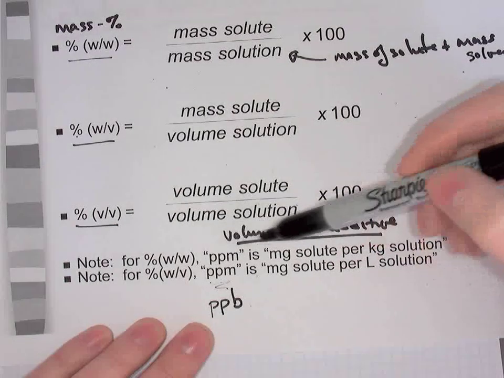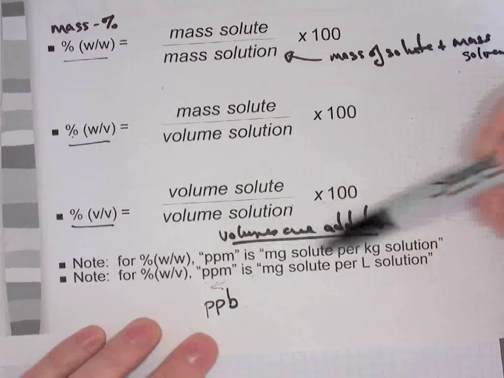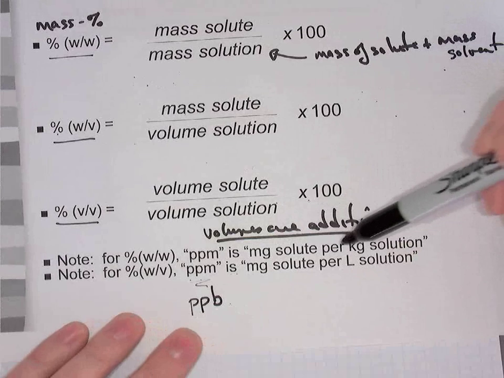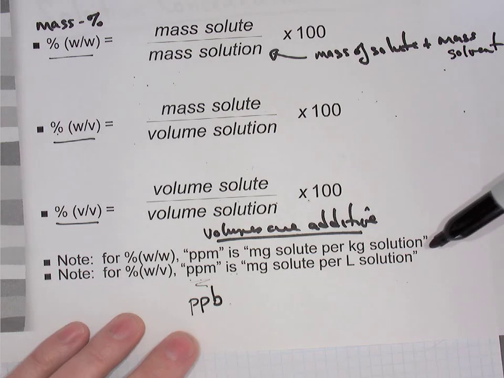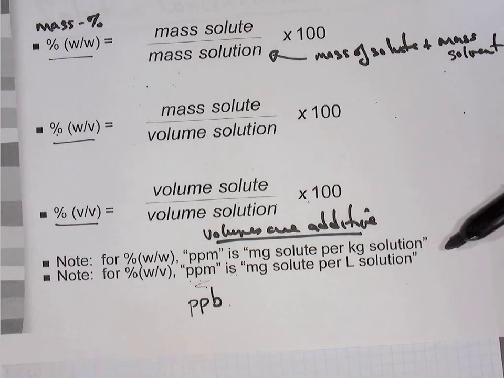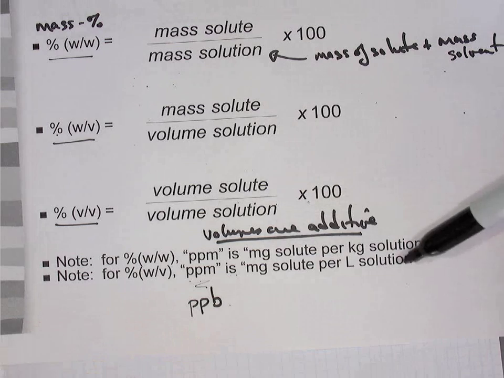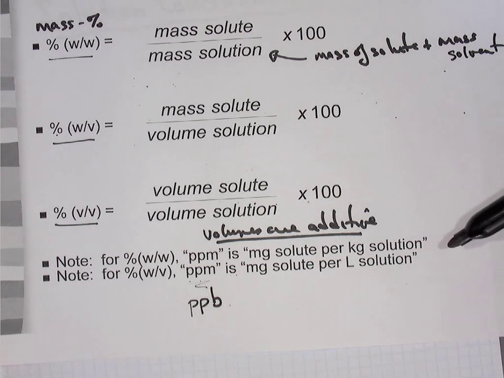If you're talking about a mass percent, then a part per million is the number of milligrams of solute per kilogram of solution. So if you think of a kilogram as 1,000 times bigger than a gram, a milligram is 1,000 times smaller than a gram, so a milligram is 1,000,000 times smaller than a kilogram. That's why it's called parts per million.